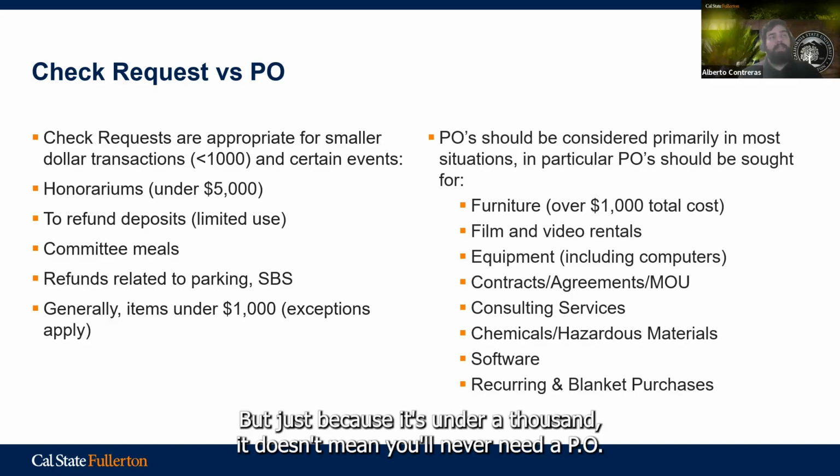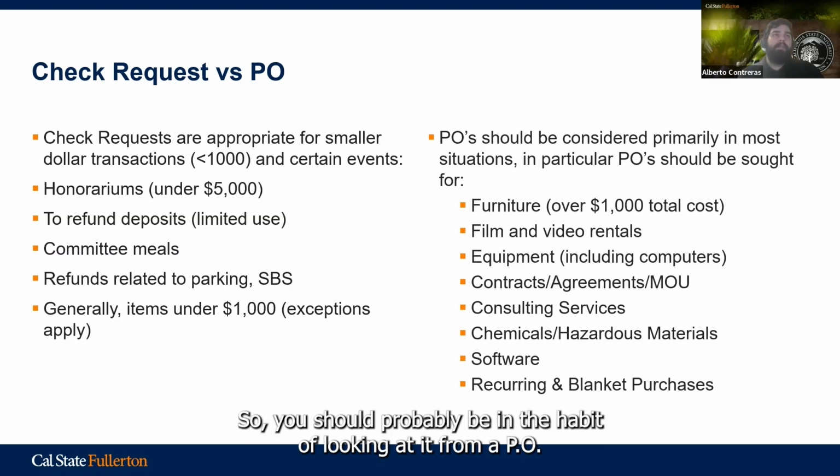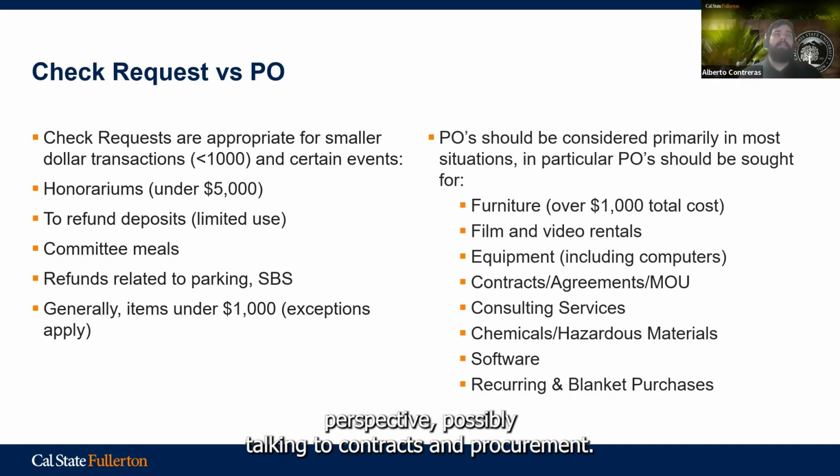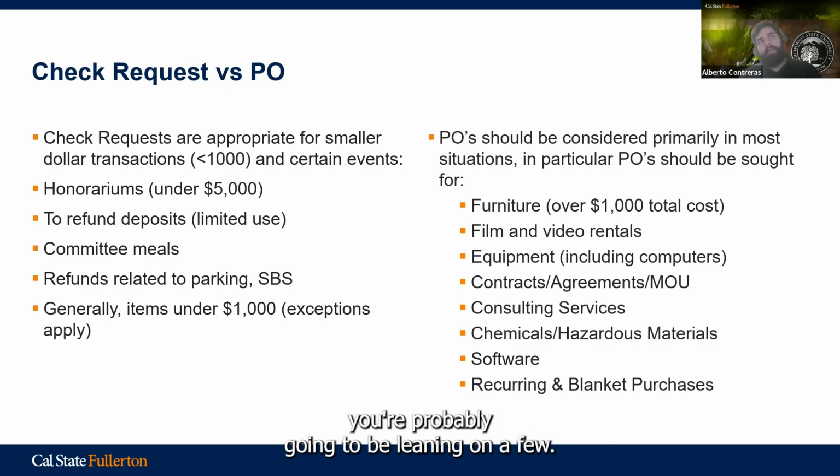But just because it's under 1,000 doesn't mean you won't need a PO. So you should be in the habit of first looking at it from a PO perspective, possibly talking to contracts and procurement if you're not sure, and then the check request. Of course, you can always ask us, but most of the time you're going to be leaning on a PO.